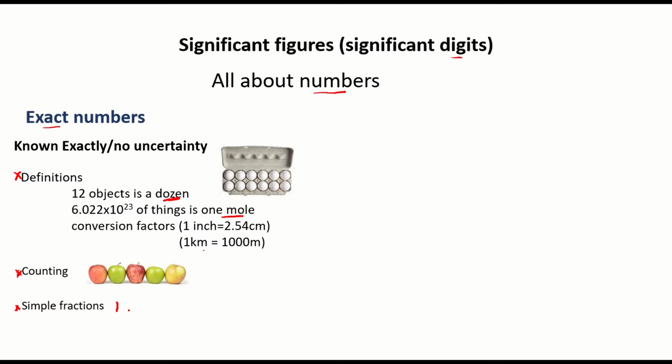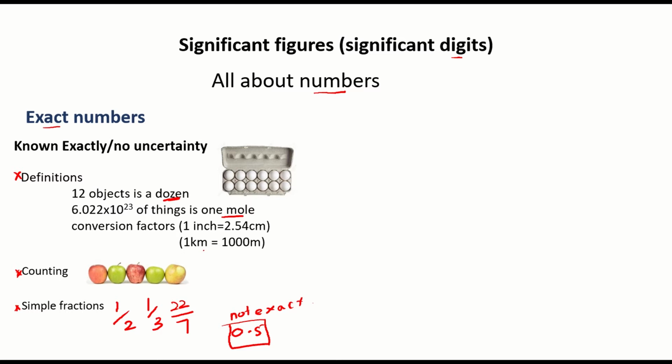Fractions like this, or even pi. Now a fraction is not the same as a decimal. If you look at this half, given as a fraction, it is exact. But if you write 0.5, this is not exact.